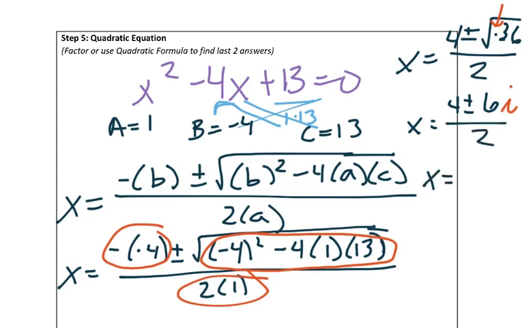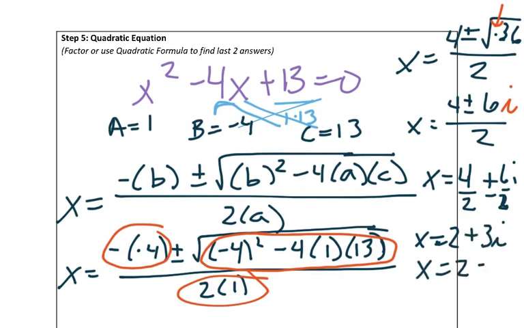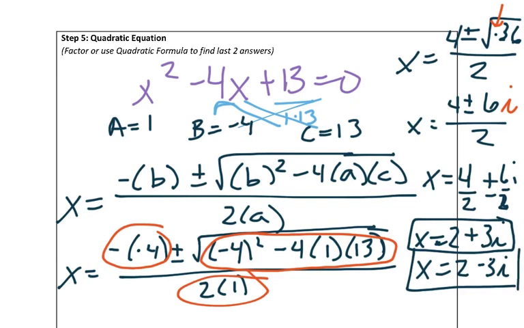And then we would need to write that with each piece being divided by 2. And that gives me 2 answers, x equals 2 plus 3i and x equals 2 minus 3i. So there's one answer. Those are complex answers.